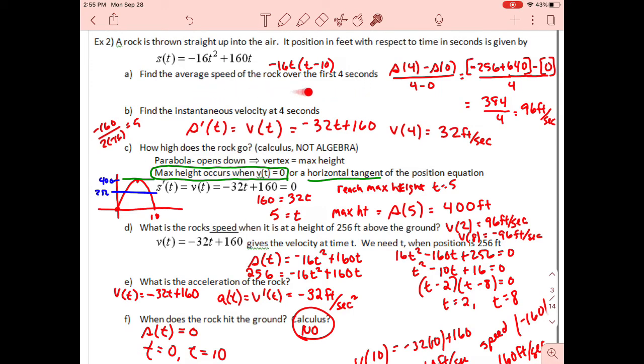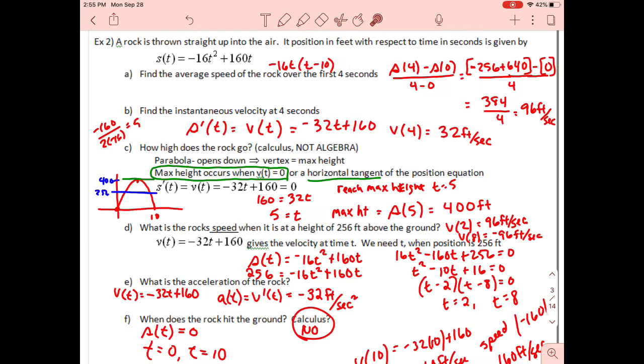So we'll find the average velocity by taking the change in position over change in time. In other words, that's displacement. S of 4, the position after 4 seconds, minus S of 0, the position where it started, over 4 minus 0.